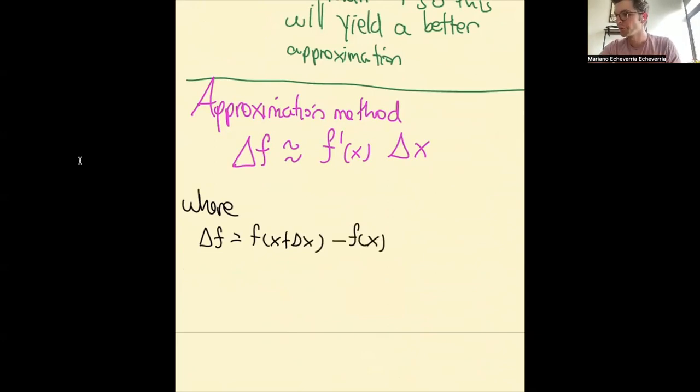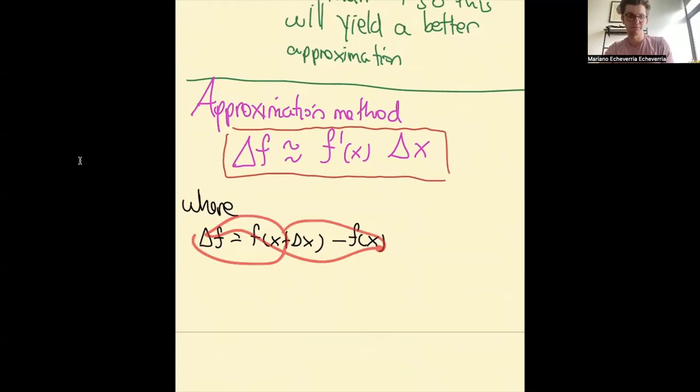So if you want, you could rewrite this the other way to write. I mean, this is one way to write the approximation, which is good. The other way to write it, if you don't want to write things explicitly in terms of delta f, is just to substitute delta f with this thing, right?